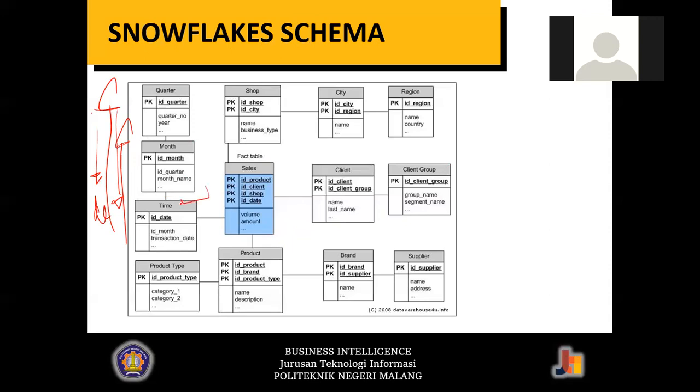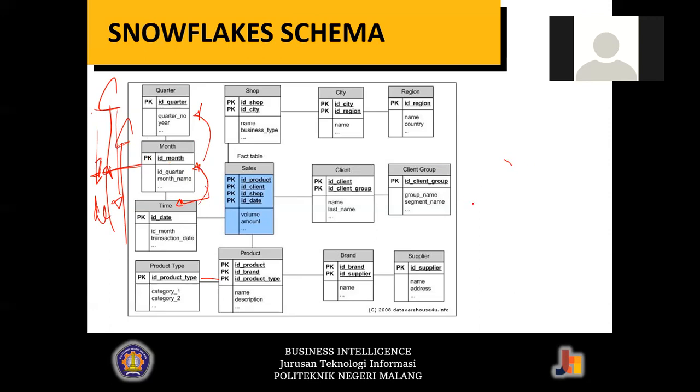So you can see that this is timely or daily, and then this stands for monthly, and then it stands for the quarter. If you want to change into tri-semester, then you can have another like this. So it is allowed for you to have multiple relationships like this one. Month being divided into quarter, then tri-semester, then semester, and so on.